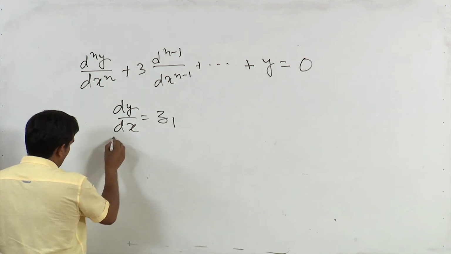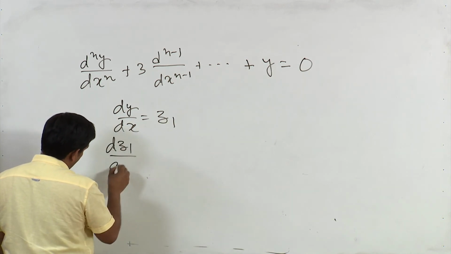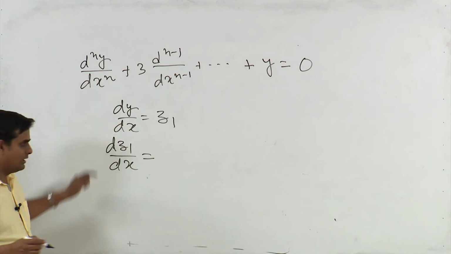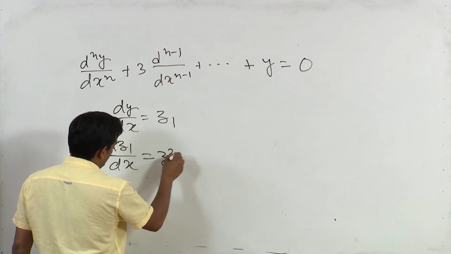Then I will take dz1 over dx, that is basically d2y over dx square, and write it as z2, and so on.